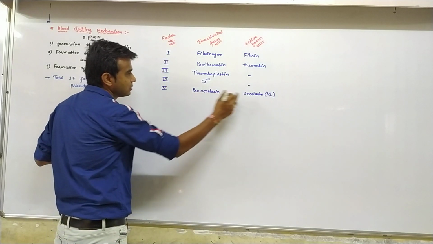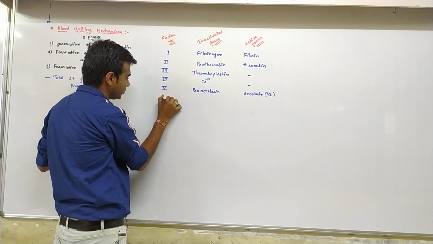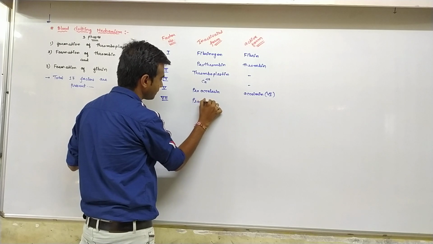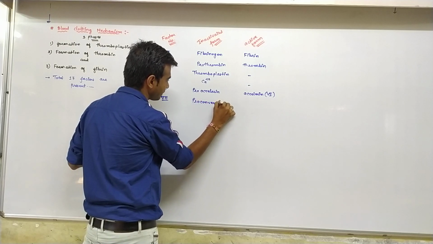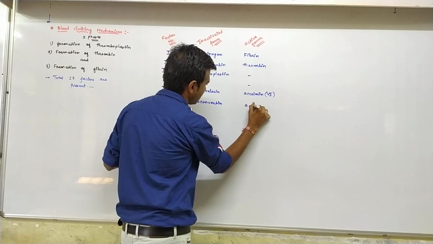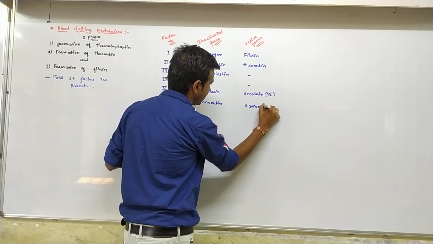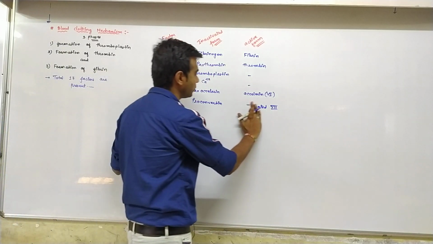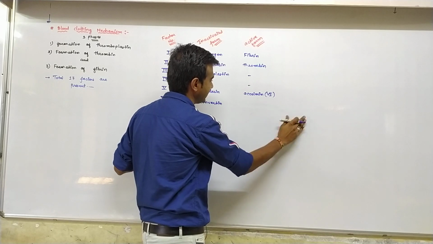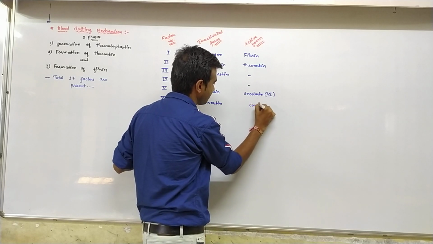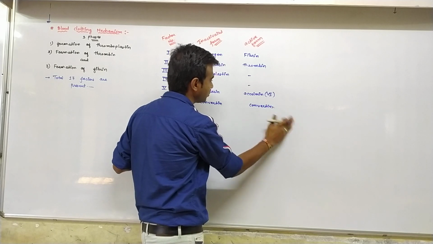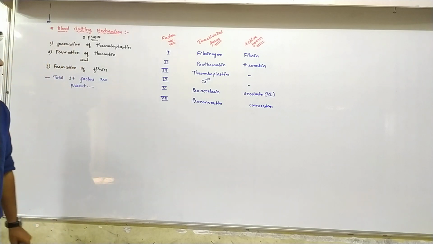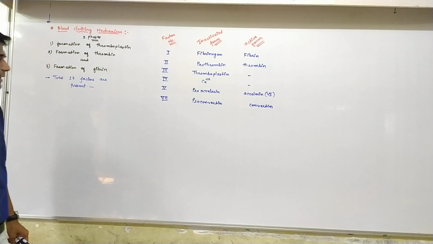Fine. So now sixth is here. I will write the seventh one, proconvertin. Activated seventh factor. So proconvertin, also known as convertin, you write that in this way. Okay, so pro means inactivated form. So the seventh factor is proconvertin.